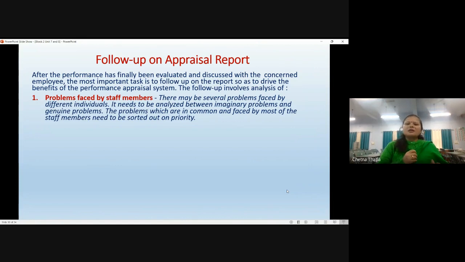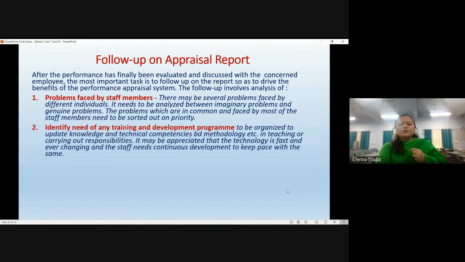There might be many problems faced by different individuals, but you need to analyze the genuine problems which are common and faced by most of the staff members, and then prioritize the list of those problems. You need to sort out the problems according to priority.